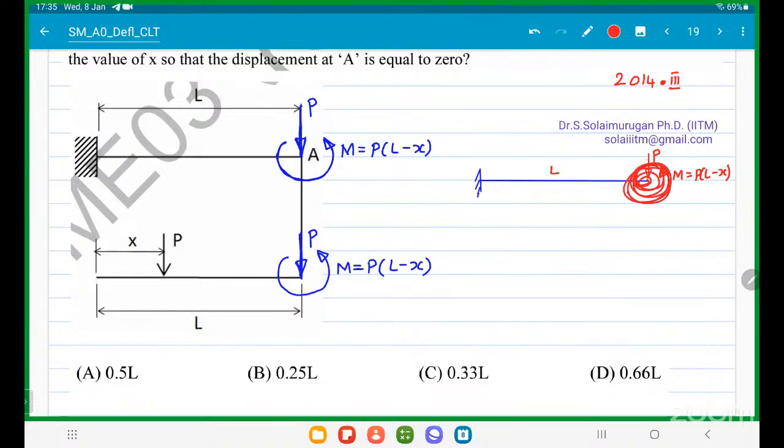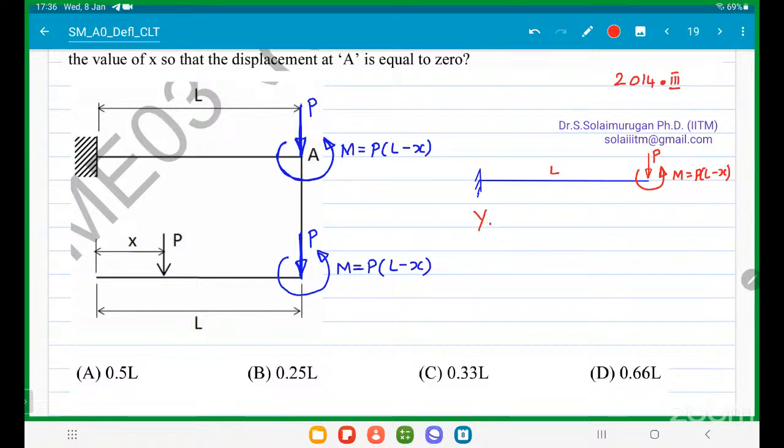Zero deflection. It means the downward deflection due to point load should be equal to upward deflection due to couple. This couple is creating upward deflection, right? Downward deflection due to point load should be equal to upward deflection due to couple, right?